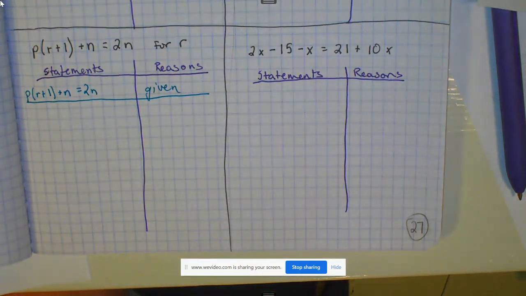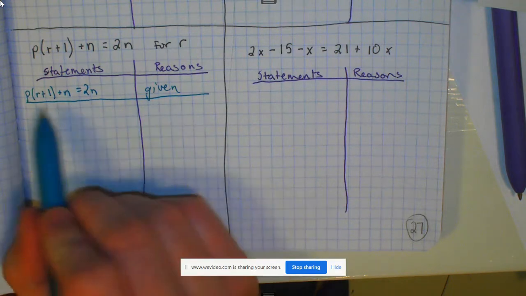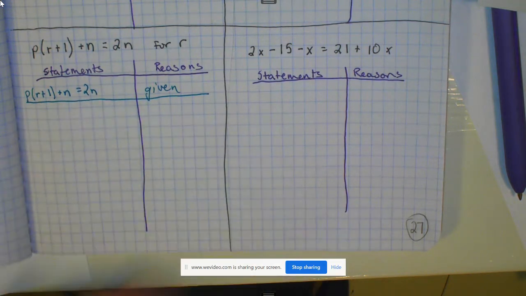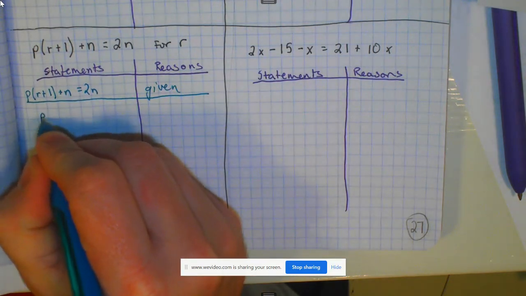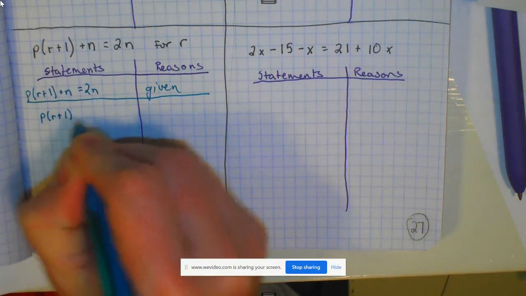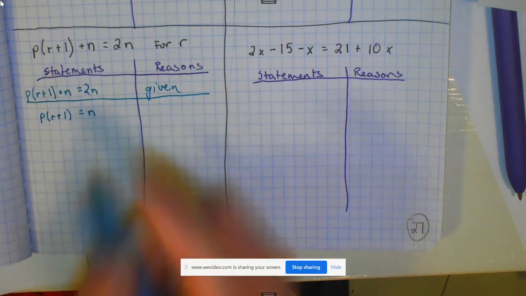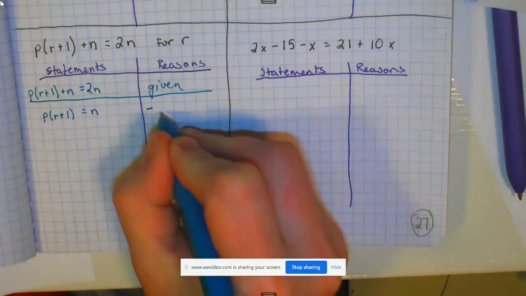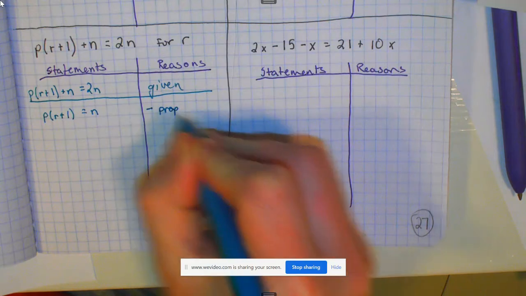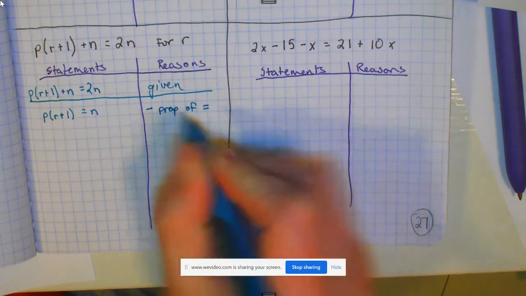Okay, so if I go to solve this for R, we're trying to get R all by itself. So the first thing I'm going to do is subtract N from both sides. So I get P(R plus 1) equals N. So I subtracted something from both sides. So that's my subtraction property of equality.